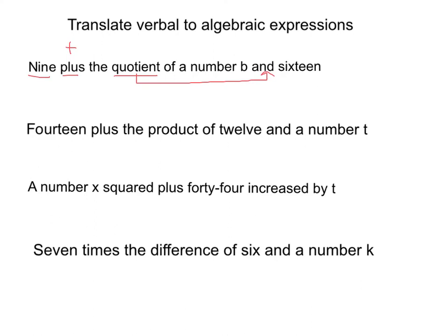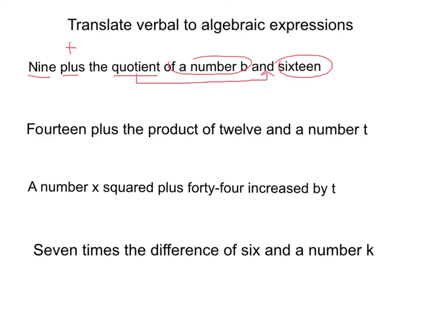So if I look for the and, I know that everything in front of the and is going to go in the numerator of that quotient, and everything after the and is going to go in the denominator. It is very important, especially in division and in subtraction, that you get the terms in the right places.